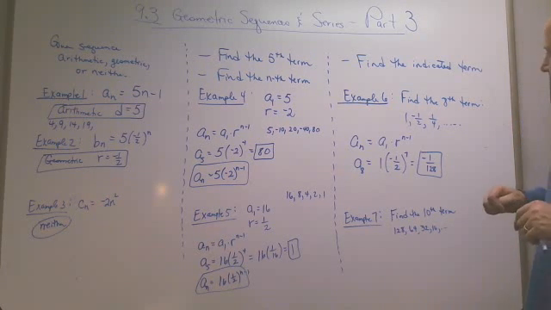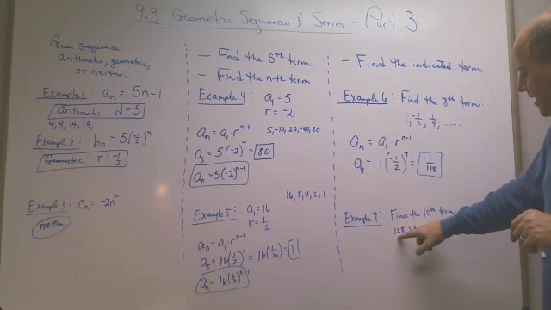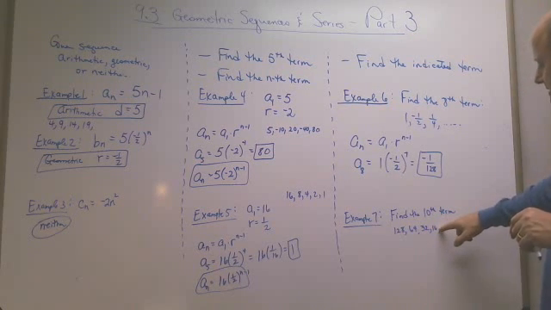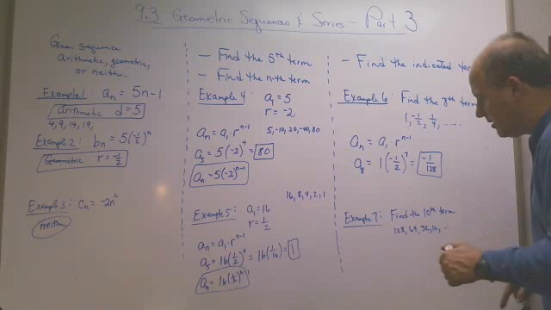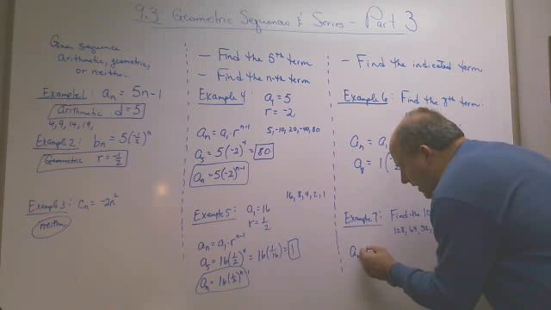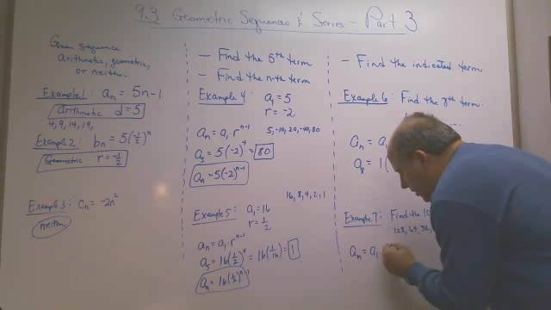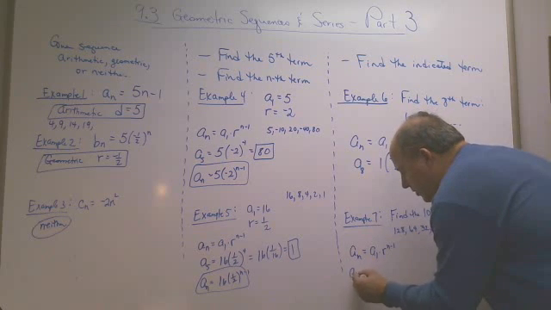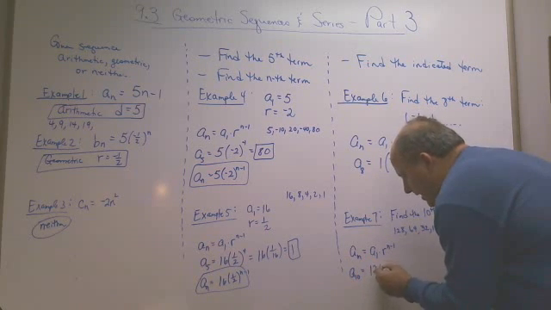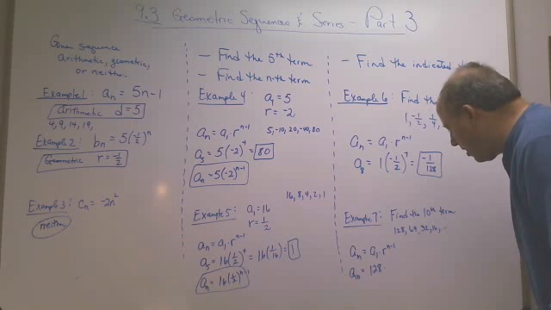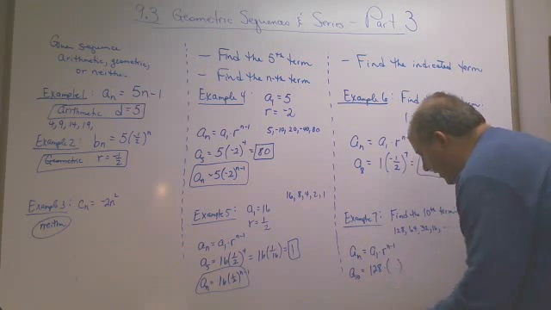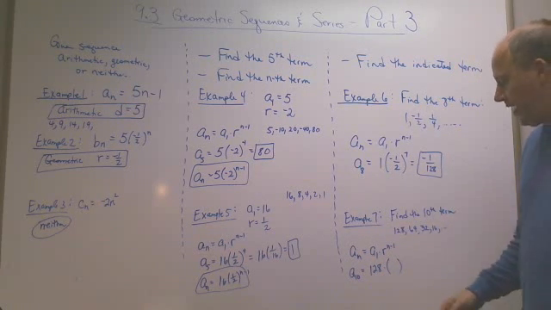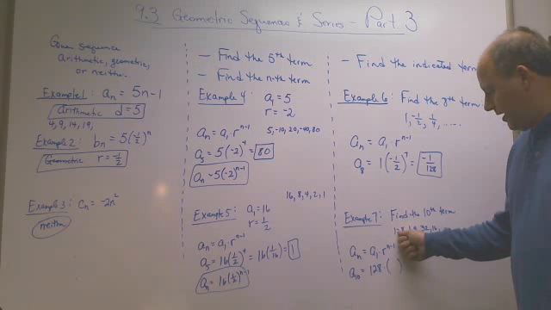And then finally, on this one here, 128, 64, 32, 16, you want to find the 10th term. So again, use a sub n equals a sub 1 times r to the n minus 1. So for the 10th term, 128 is the first term. They don't tell you r directly, but it is 1/2. 64 divided by 128.